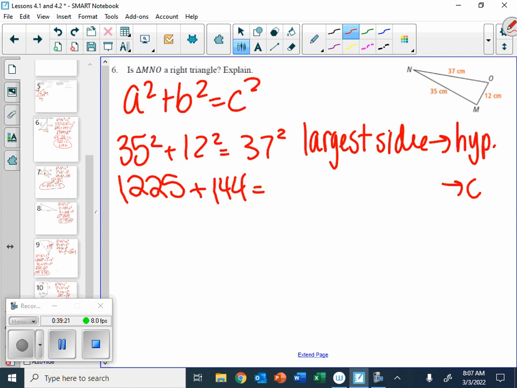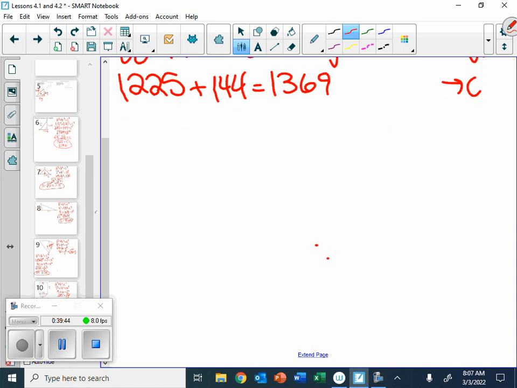What is 37 squared? Good, 1369. So now you need to ask yourself, does 1225 plus 144 equal 1369? Yes. So, because the left-hand side equals the right-hand side, this is a right triangle.